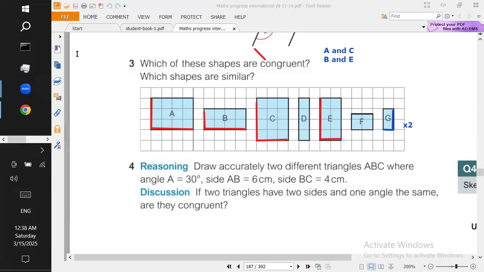This means G and E are similar, because there is a scale factor of enlargement between them. That's the idea of congruent and similar shapes. Now let's move on to the next question.